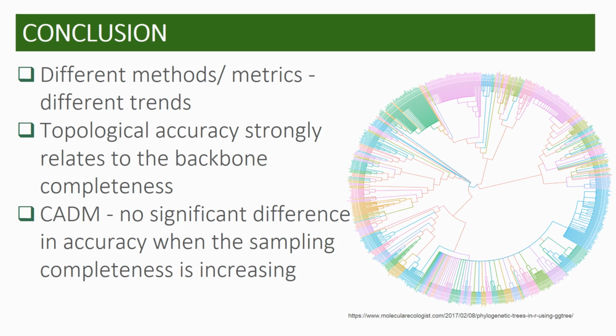So, if the purpose of the future research is taxonomic revision, then topological accuracy is important as the accuracy is strongly related to the sampling completeness. But if the purpose of the future research is finding large-scale tree properties and diversity, then distance matrices are important as there is no significant difference in accuracy when the completeness of sampling increases.